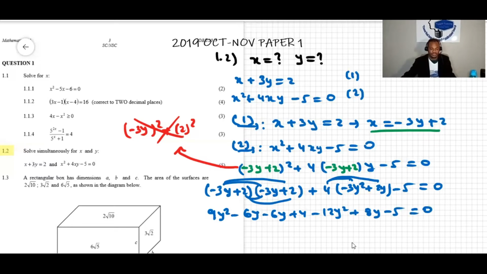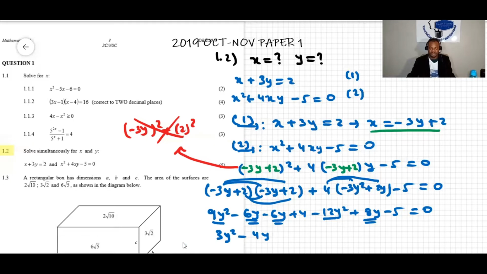Then we are going to simplify by combining like terms. The terms with y squared are 9y squared and negative 12y squared, which makes negative 3y squared. The terms with y are negative 6y and positive 8y, which make positive 2y.